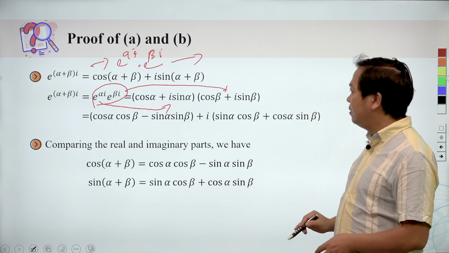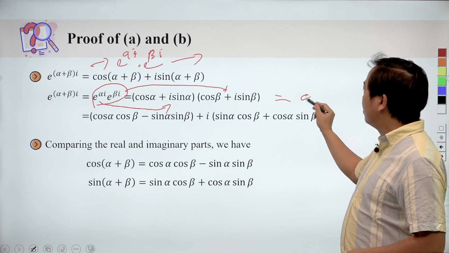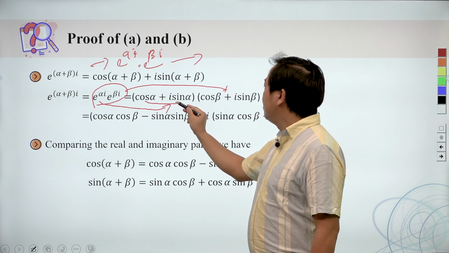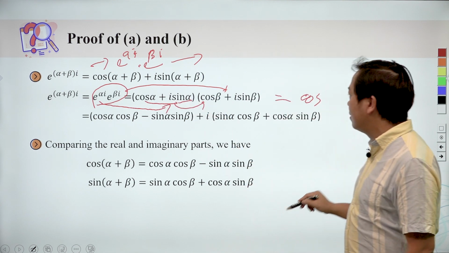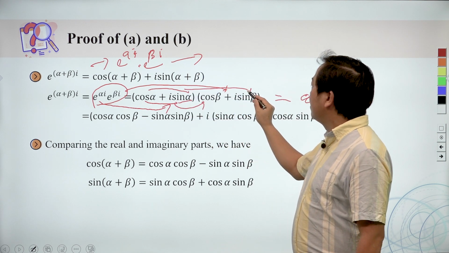After you multiply, of course, you need to multiply each term: this one by this one, and then the second one by this one.